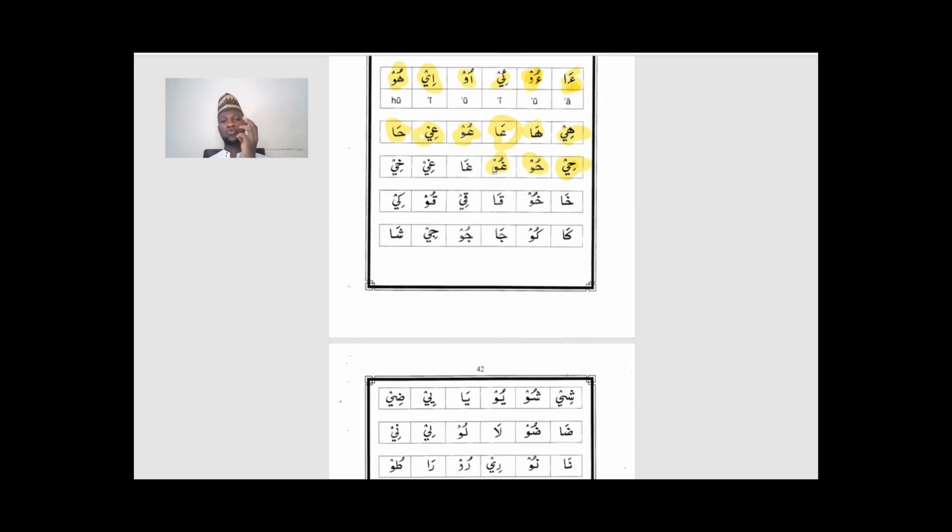It is two times. Ghain fatha alif madd, ghaa. Ghain kasra ya madd, ghii. Kha kasra ya madd, khii.